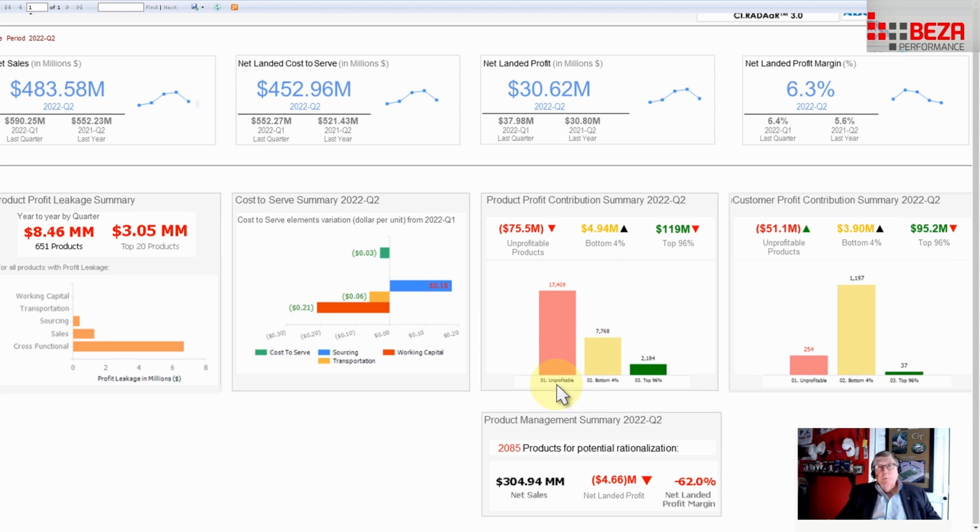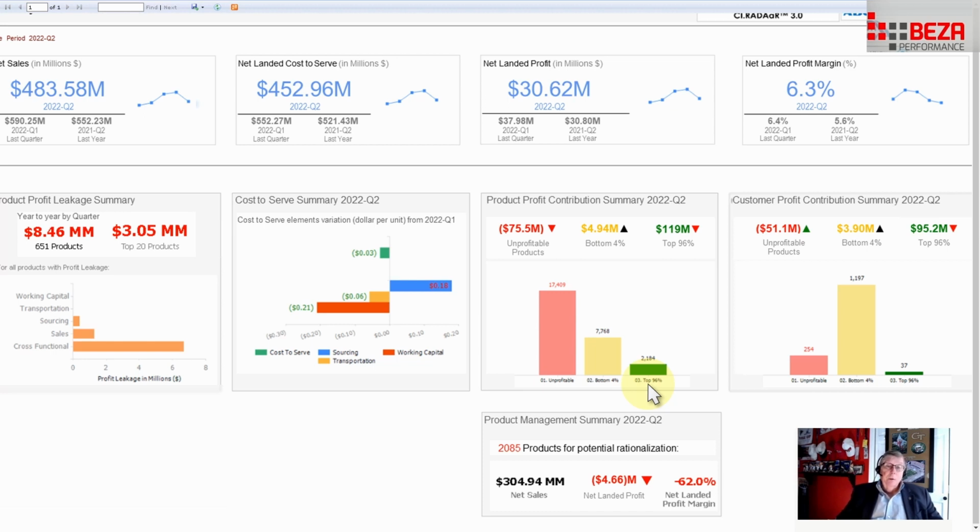Then you go down to the bottom 4%, which tells us that 4% of the total profit earned by the company was with a little over 7,000 products. And 96% of the profit was associated with just over 2,000 products.